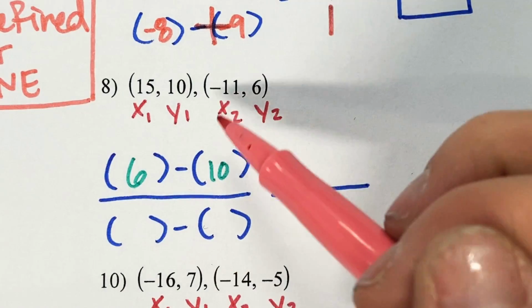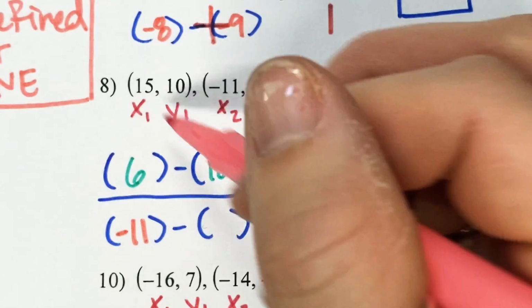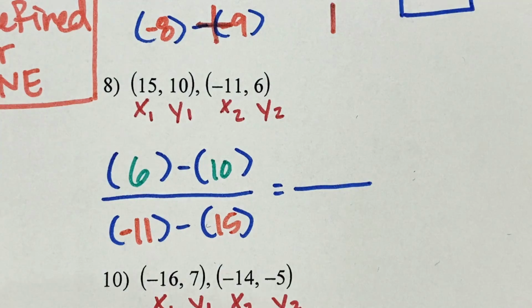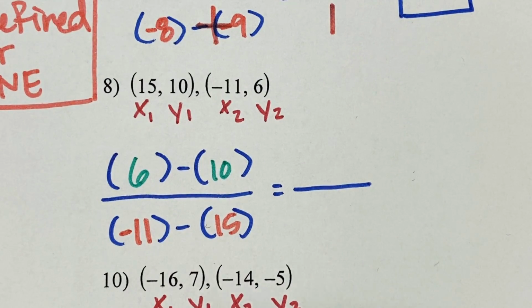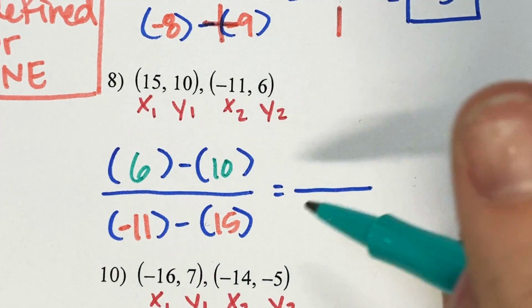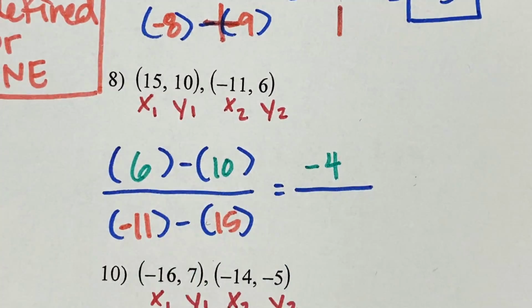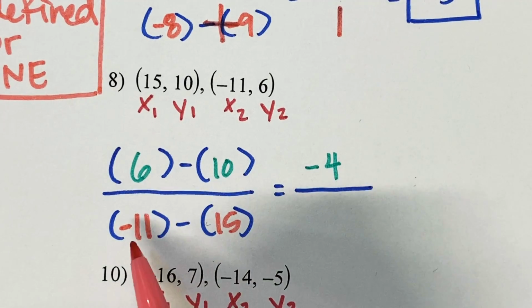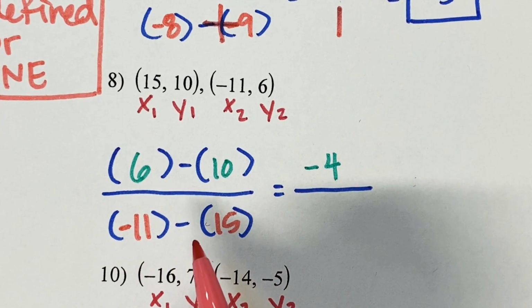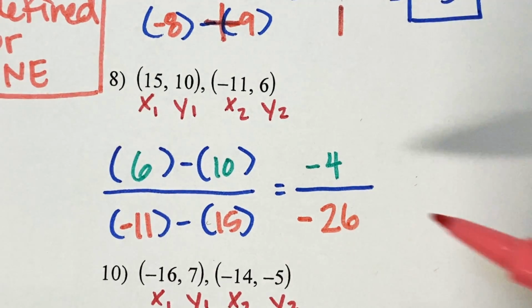And on bottom are my x's, negative 11 for x2 and 15 for x1. So I have 6 minus 10, which is going to give me negative 4. And on bottom I have negative 11 minus 15 more. So we're getting more negative here. That's going to give me a negative 26.